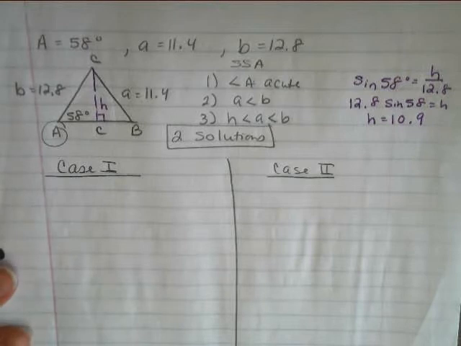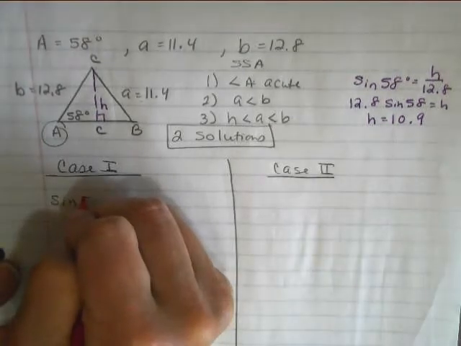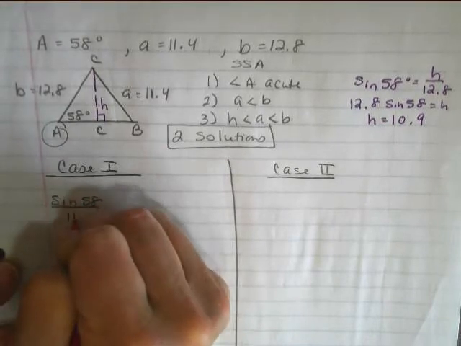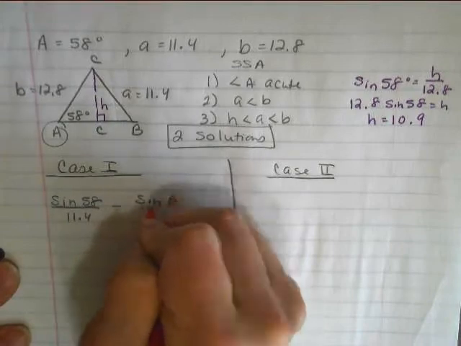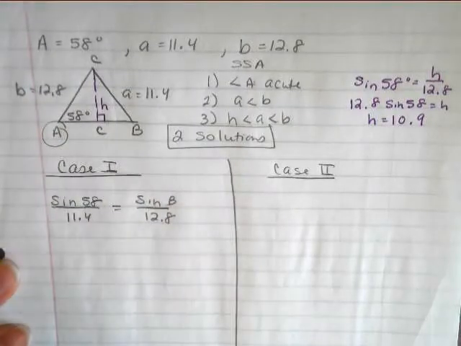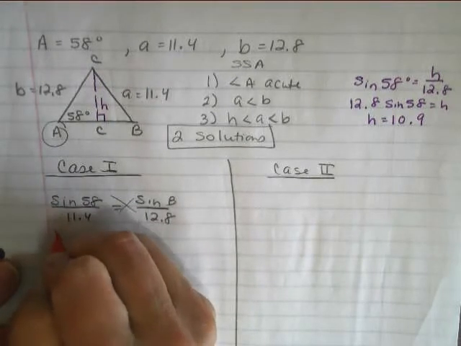So we start off the way that we always have for law of sines. Sine of 58 degrees over 11.4 is going to equal the sine of angle B over 12.8. Okay, we're going to cross multiply here.